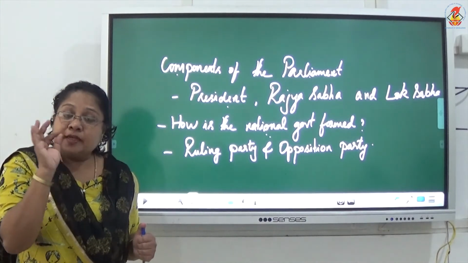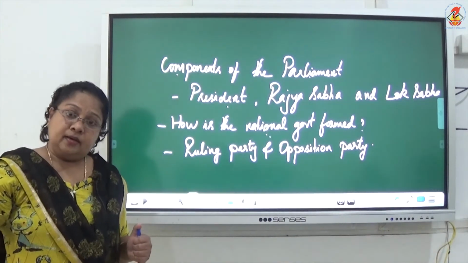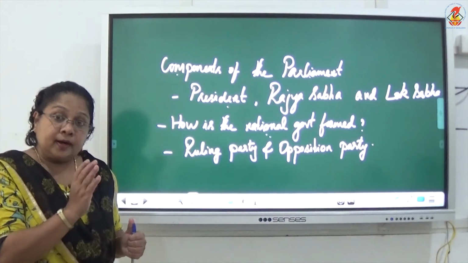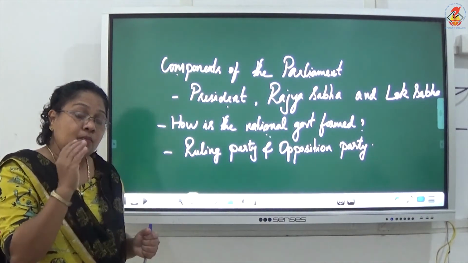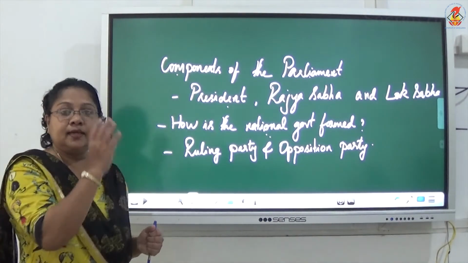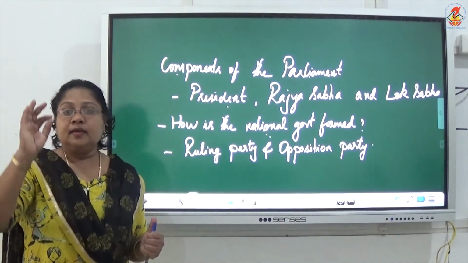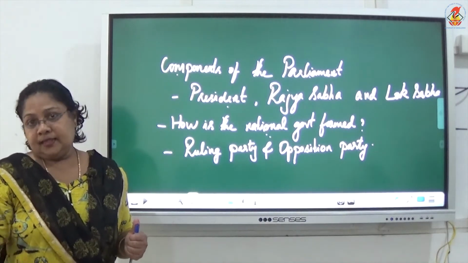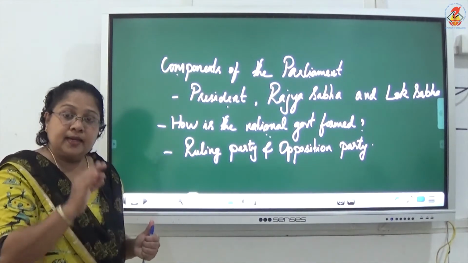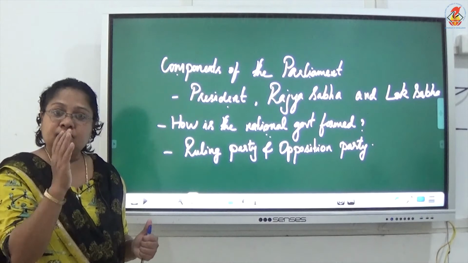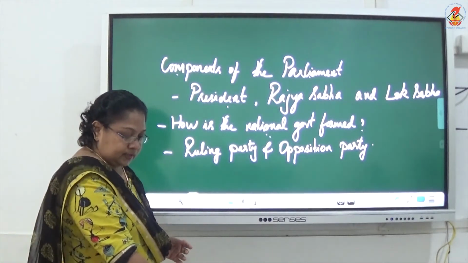A clear majority is obtained by a party when it gets half or more than half of the seats in the Lok Sabha.